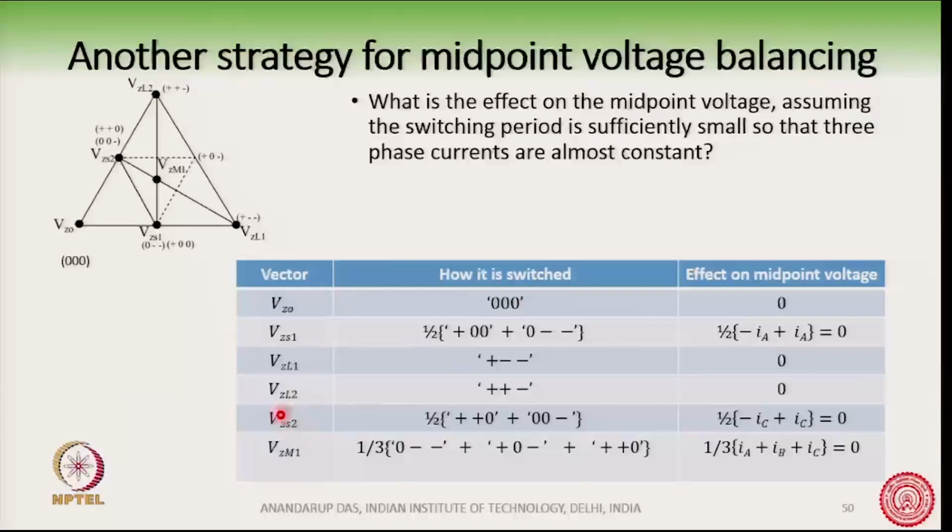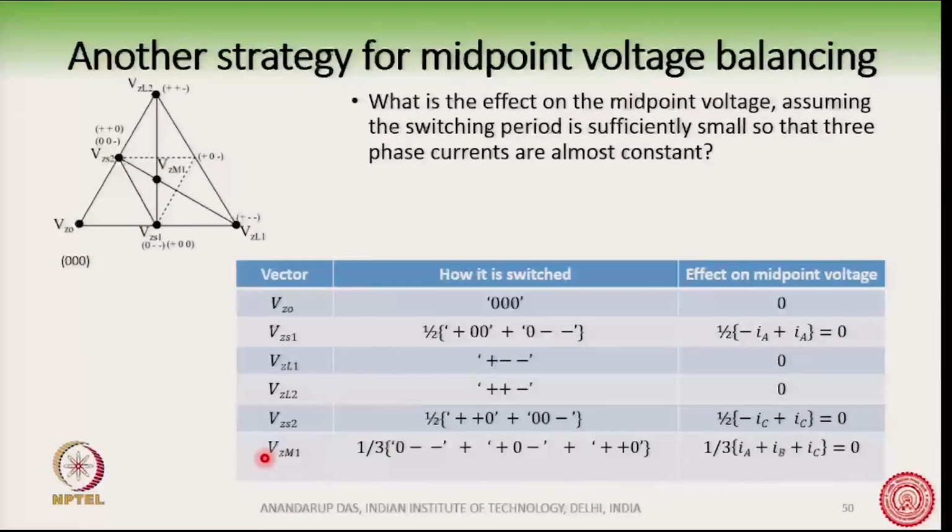When we apply VZS2, we apply plus 0 and 0 minus for half durations of time, so as to create VZS2, and its effect is again 0, half of minus IC plus IC is equal to 0.